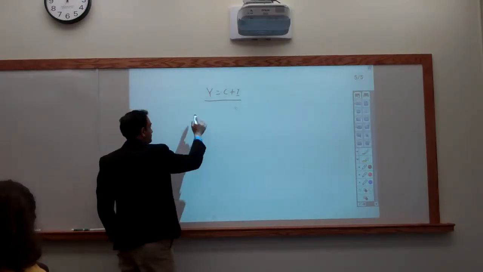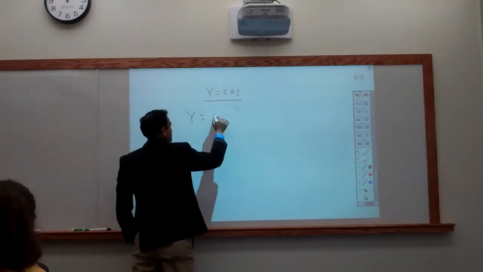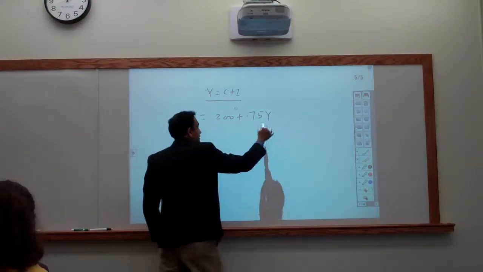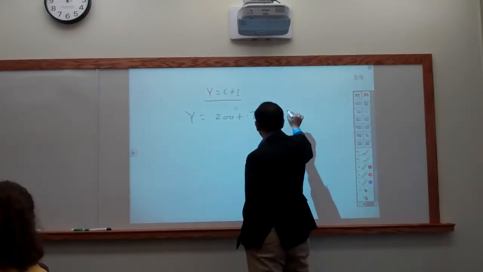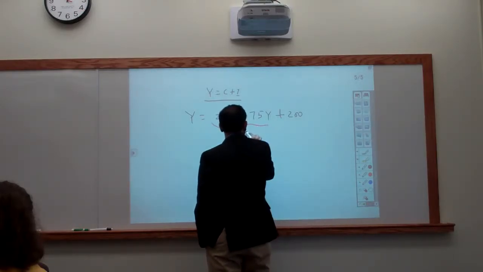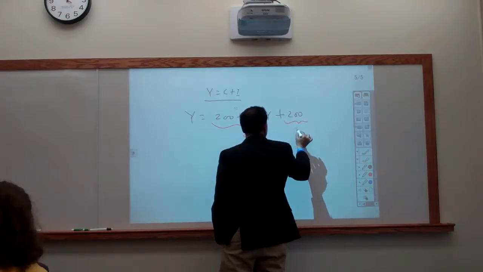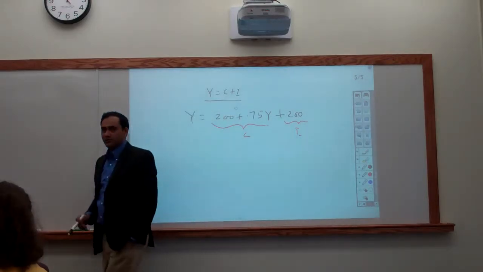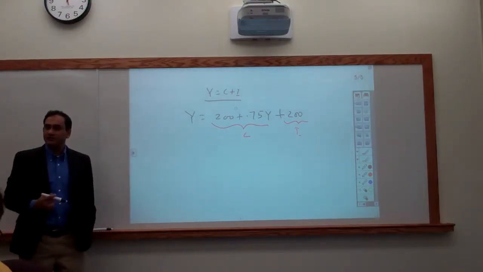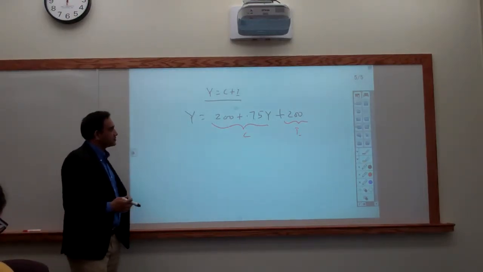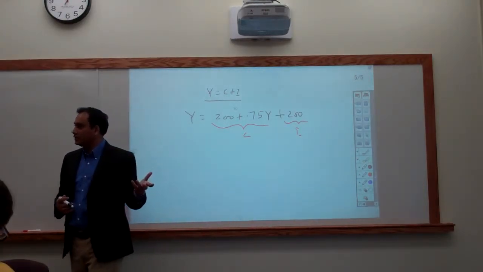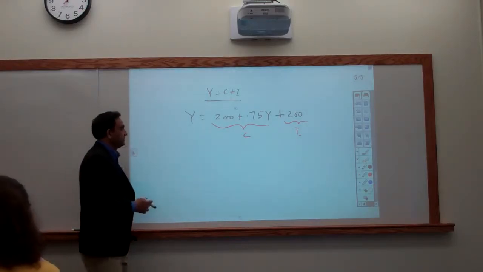So y equals 200 plus 0.75y plus investment, which equals 200. This is your consumption and this is your investment. I just substituted the values of C and I in the equilibrium condition. As you can see from this expression, the only value that is not known is y. So we can solve for it.